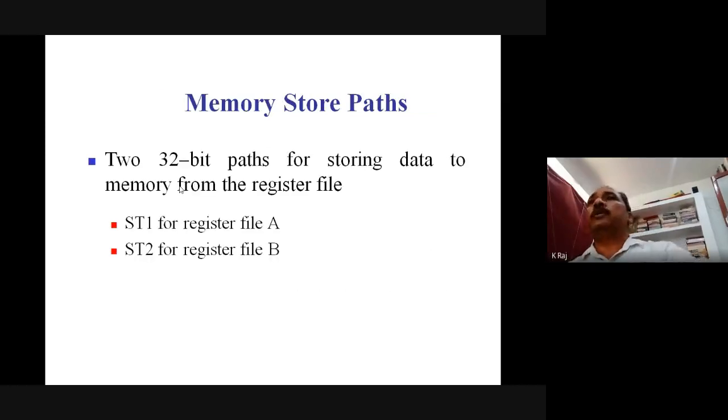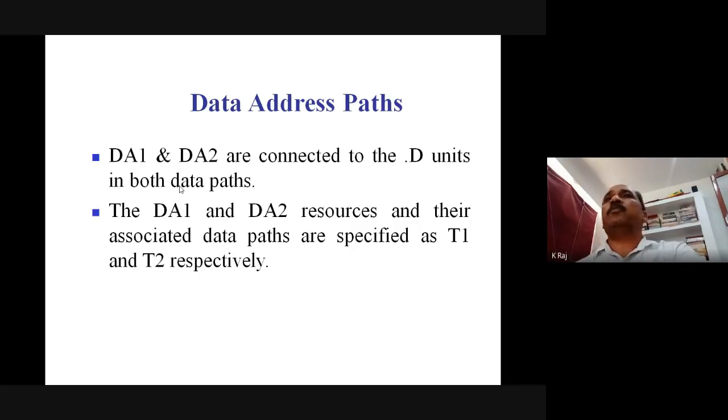There are two 32-bit paths for storing data to memory, described in the block diagram, ST1 and ST2. ST1 is for register file A and ST2 is for register file B. And for data address paths, there are two data address paths connected to the .D units in both data paths, DA1 and DA2, and their associated data paths are specified as T1 and T2 respectively.